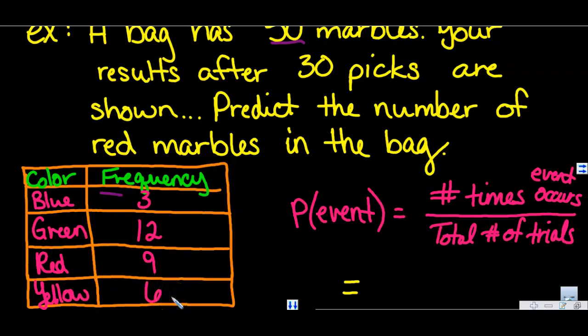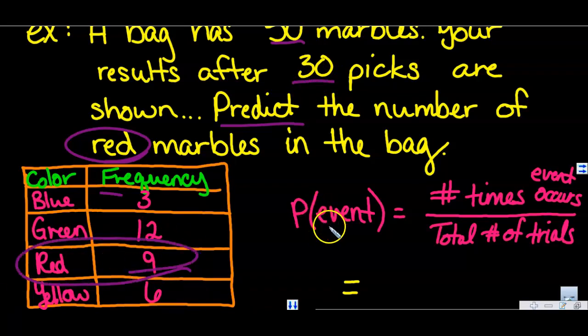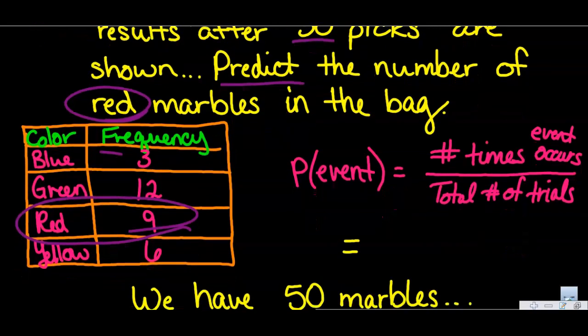We can now predict the number of red marbles that might possibly be in that bag. First, we need to find the probability of picking a red marble. We have 30 picks, and we picked red 9 times. So, reminder, the probability of any event is the number of times that event occurs over the total number of times we tried.